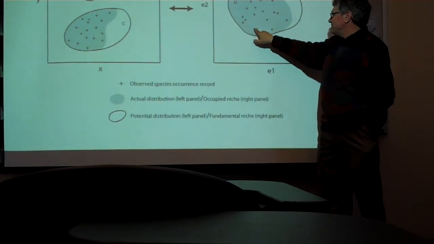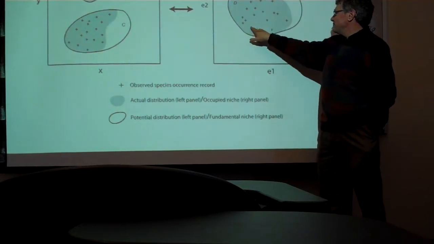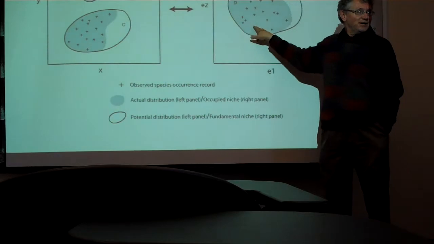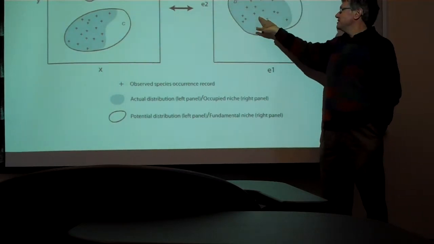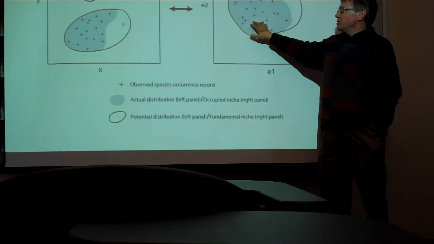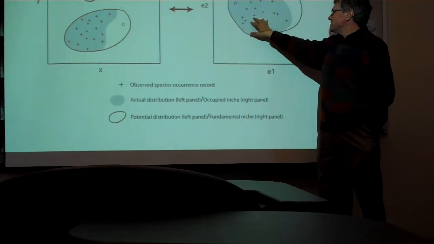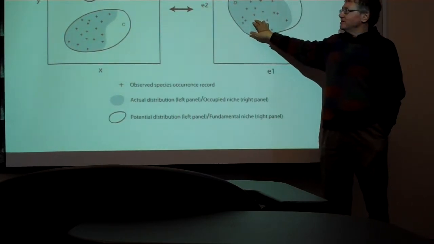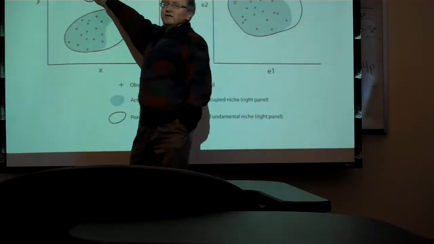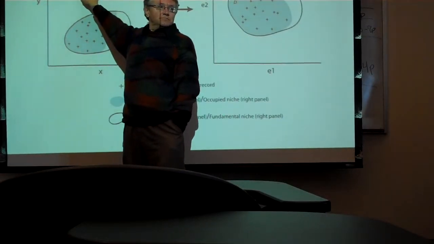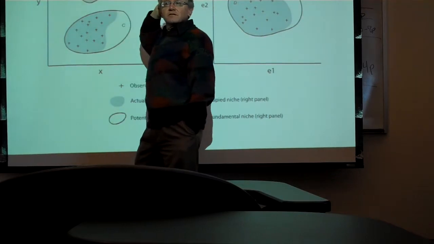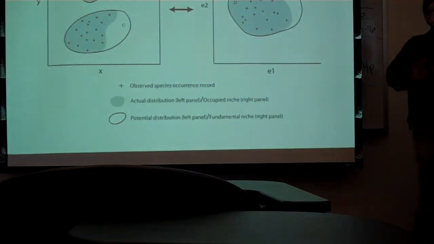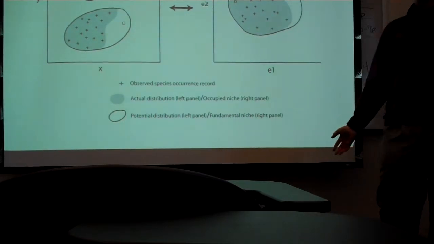We might assume that anywhere in this region is a suitable environment, since we're surrounded in environment space by observations. So we look back on the map and ask where all the places are where the environment looks like this, and some of them might be up here. That's the basic idea of species distribution models.